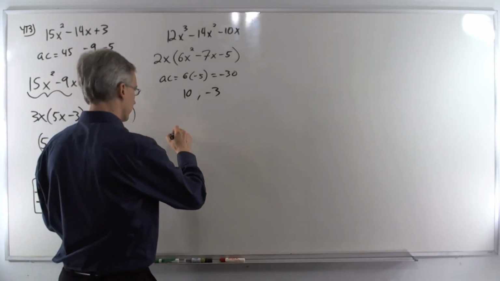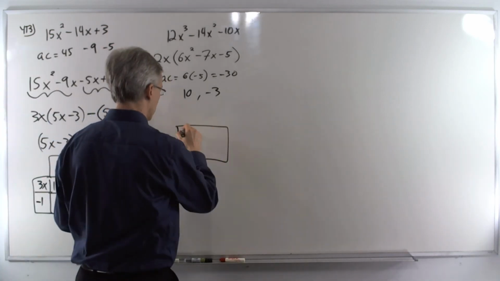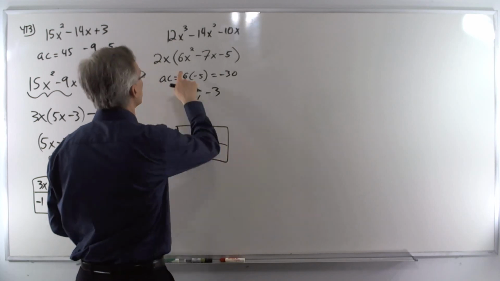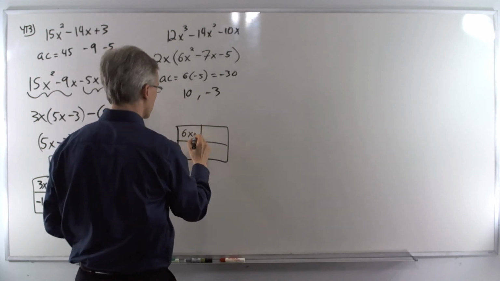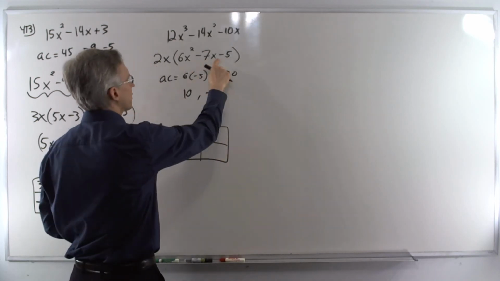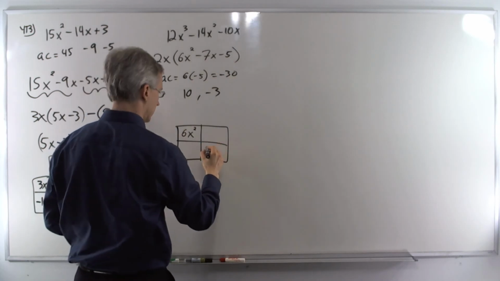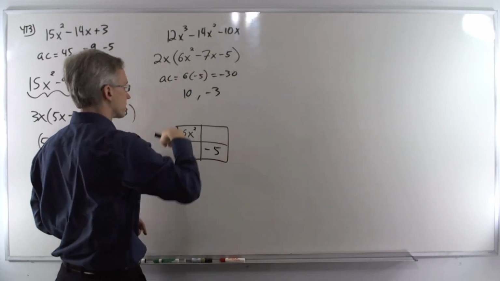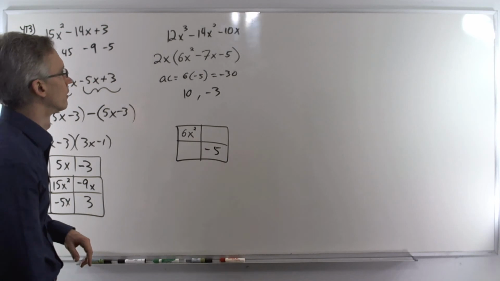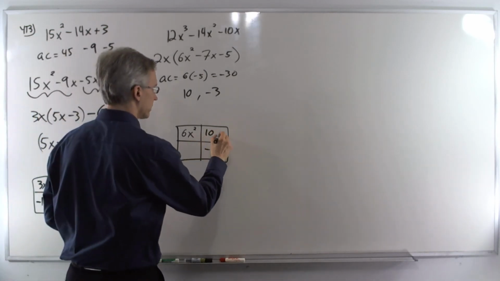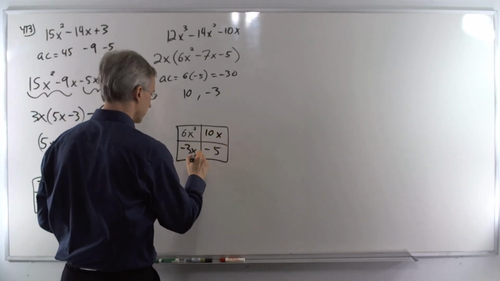Okay, box method. 6x squared goes up here. Make sure we're working with what's inside the parentheses. Don't want to go back to the original and start plugging those in. Alright, we got 10x here, negative 3x here.